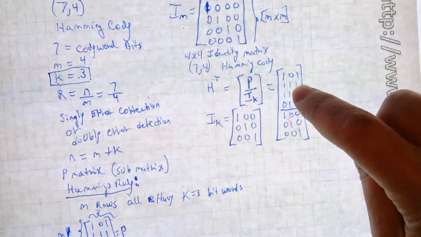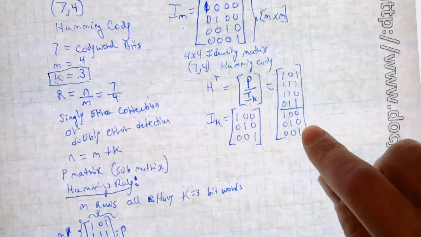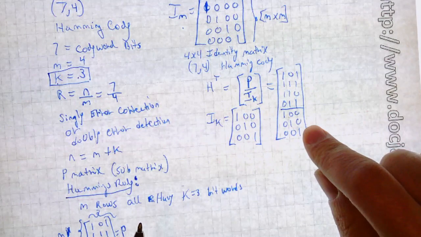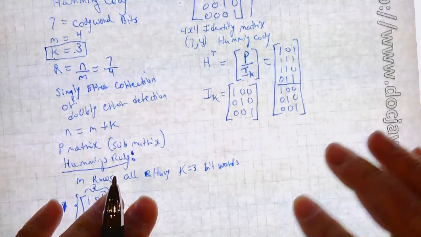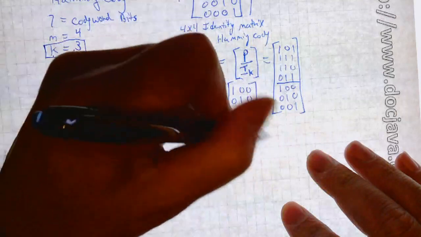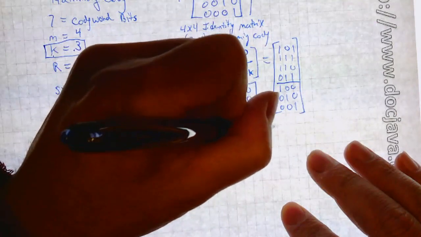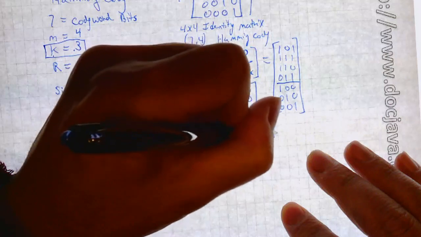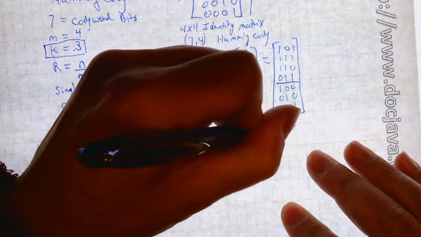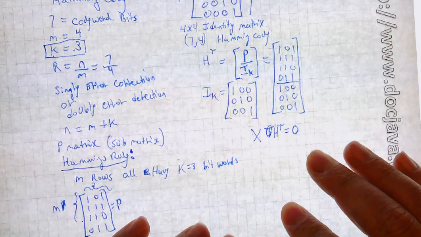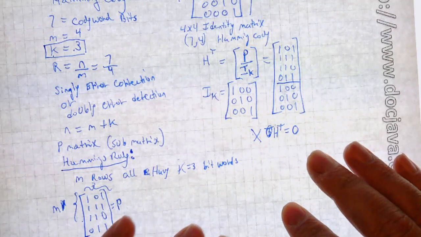Because here's your P matrix, and here's your K by K identity matrix. And what you want to do is take a code word, code vector, X, multiply it by H transpose, and have it equal 0. And that's what's going to happen if there are no errors.